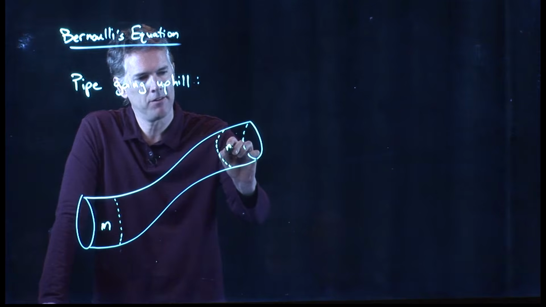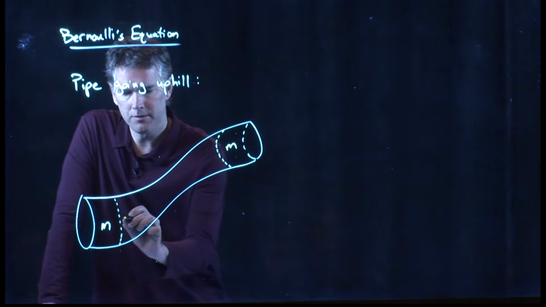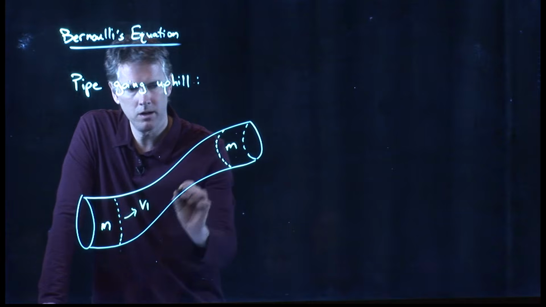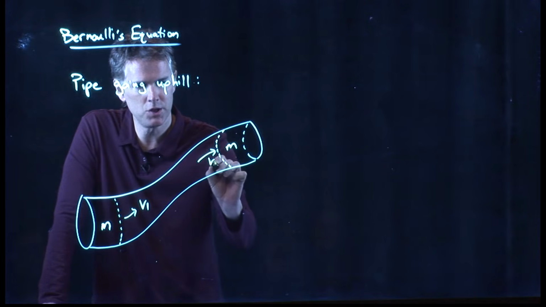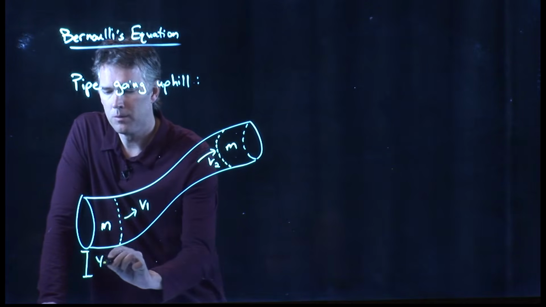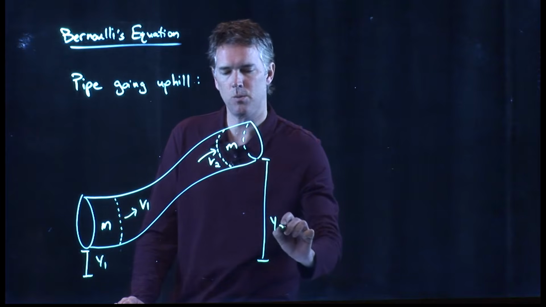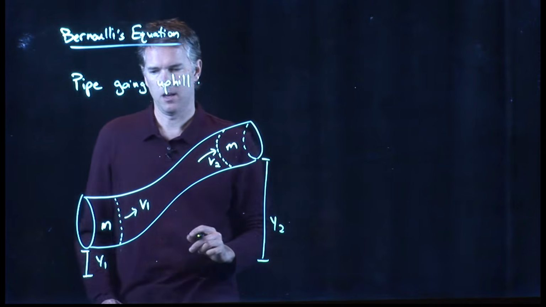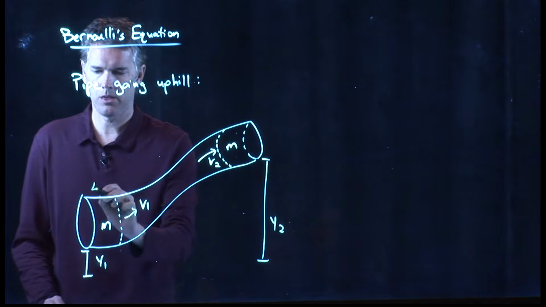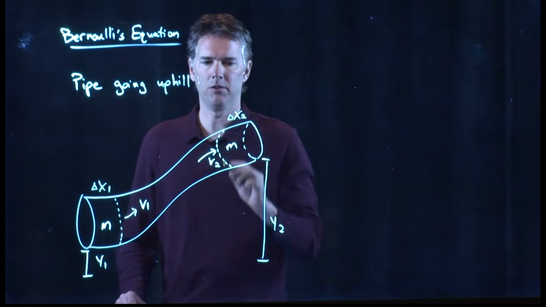That same mass has to exit the pipe if we have continuity. This is moving at V1. This is moving at V2. But now there's a height here, y1, and there's a height here, y2. And these occupy some length, delta x1, some length, delta x2.